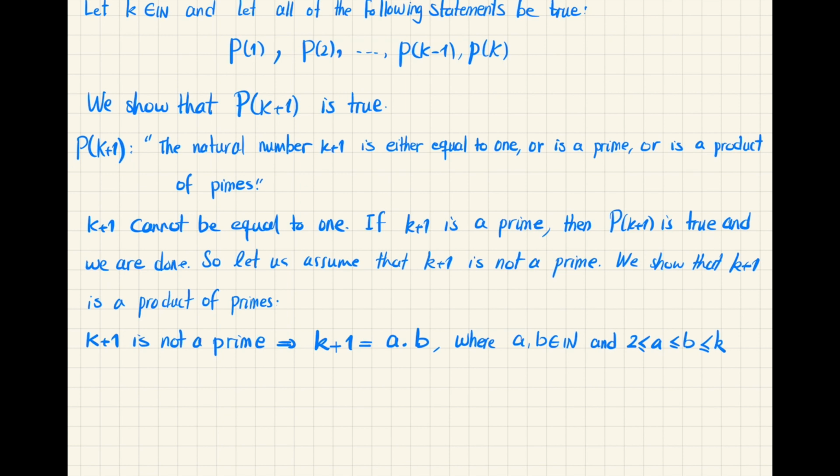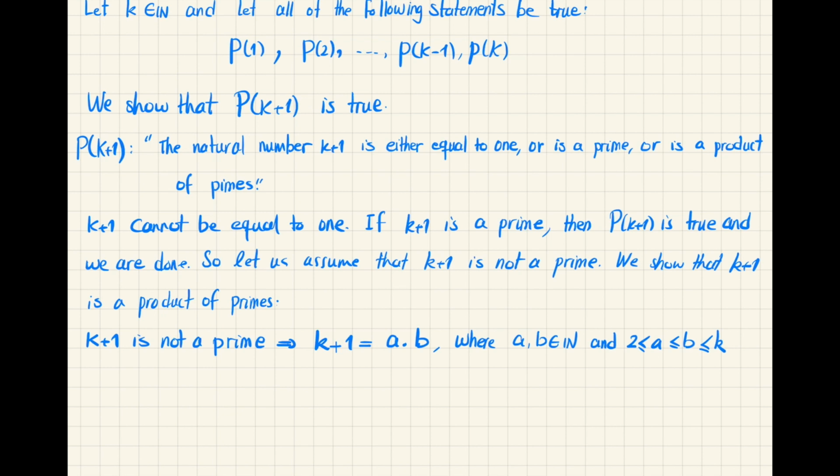Yes, because you see all natural numbers are in this list from number 1 up to number k. And I know that a and b are two natural numbers starting from 2. We don't know the values, but we know that they lie somewhere between 2 inclusive up to k inclusive.